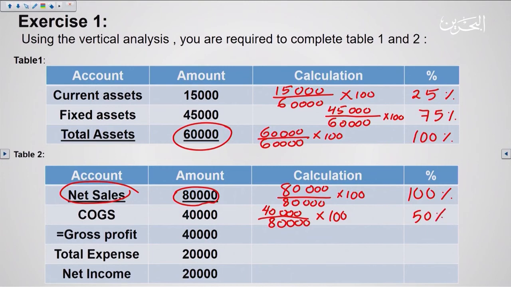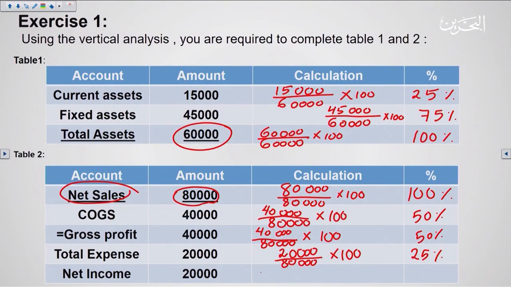Okay, the same for gross profit. 40,000 divided by 80,000 equals the same 50%. For total expenses, 20,000 divided by net sales, which is 80,000, times 100 equals 25%.